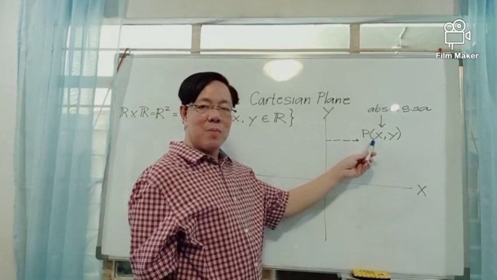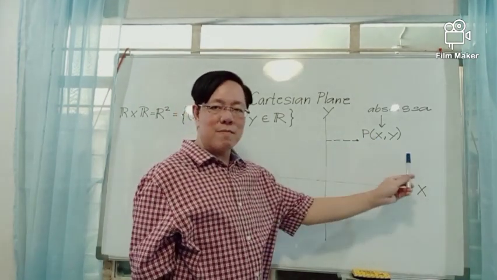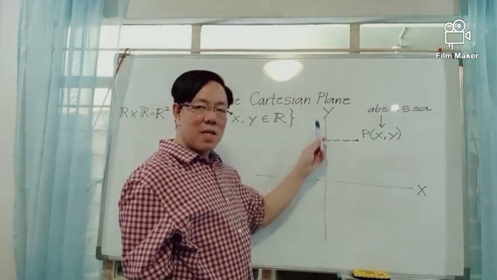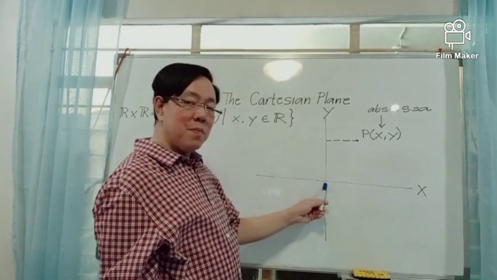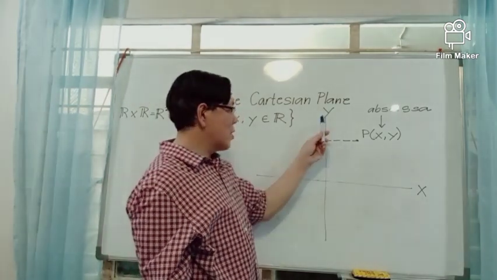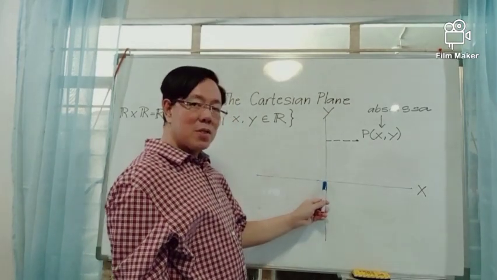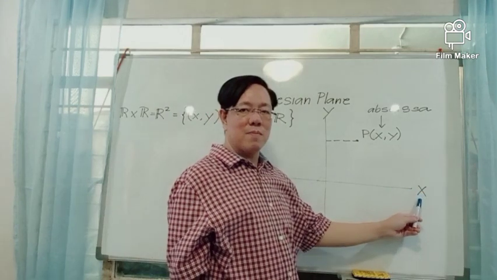If the abscissa of the point is positive, that means the point is to the right of the vertical axis. The real numbers from this point of intersection of the x-axis and the y-axis, the numbers to the right of this point of intersection are positive.